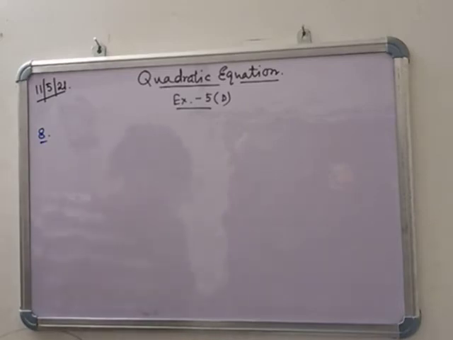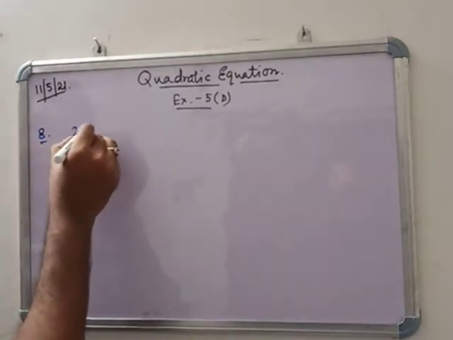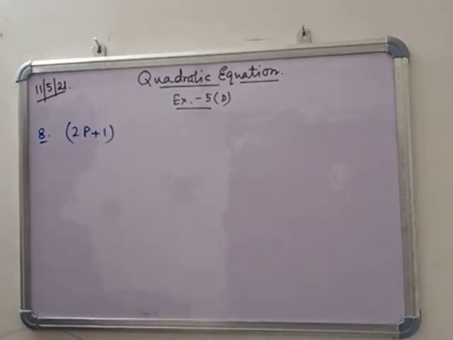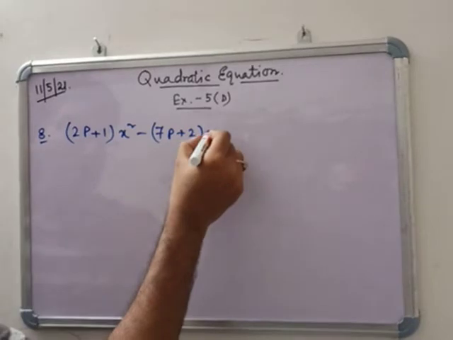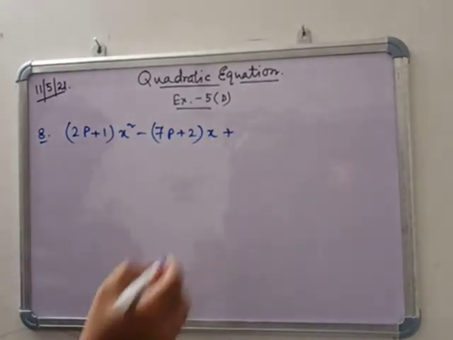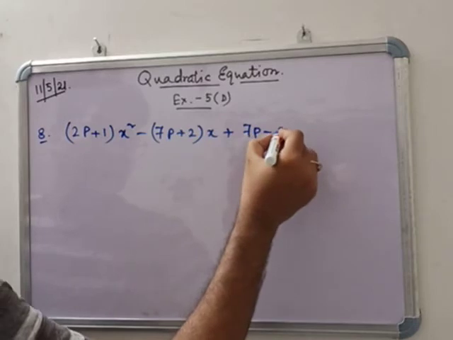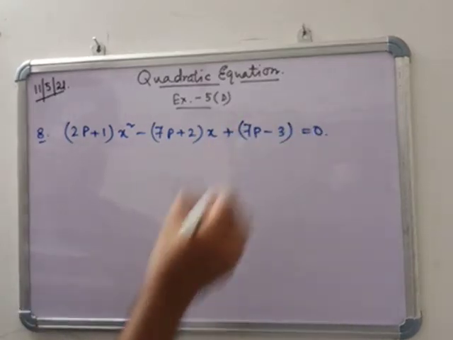Now, in number 8, see that find the values of p for which the quadratic equation this has equal roots. Also find these roots. So now see that equal roots is given, that means b square minus 4ac equals to 0. So 2p plus 1 into x square minus 7p plus 2 into x plus 7p minus 3 equals to 0.